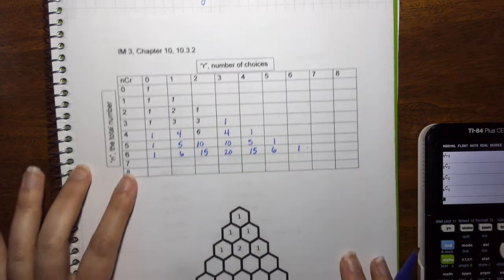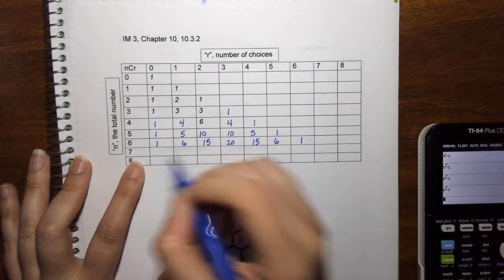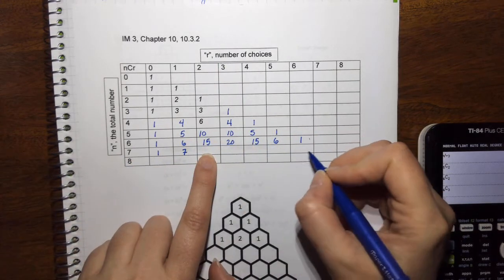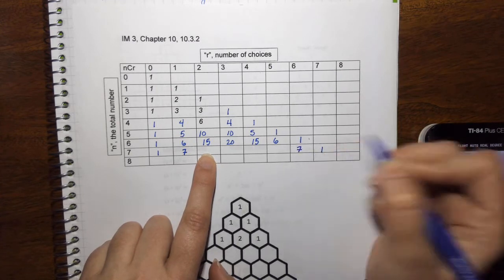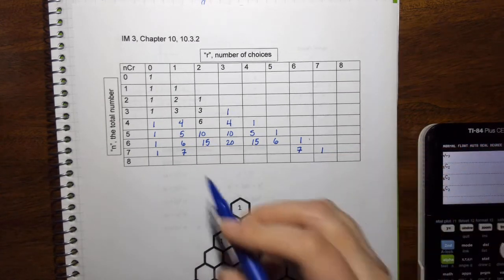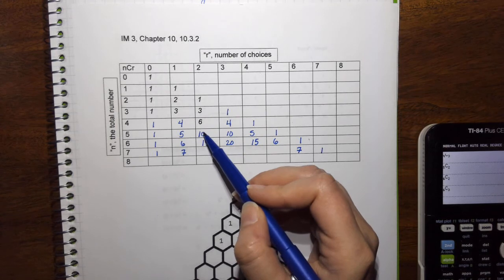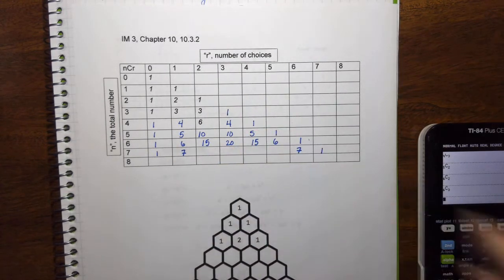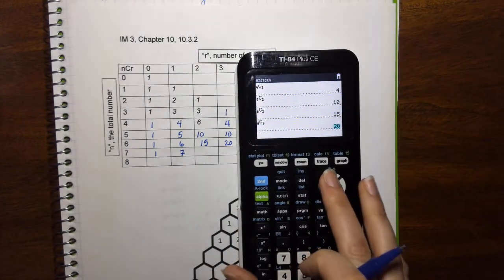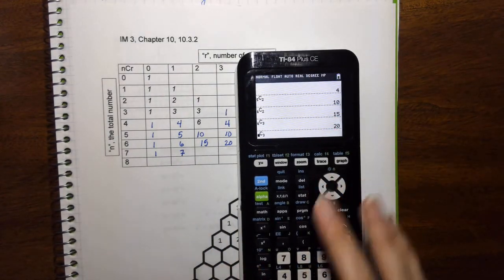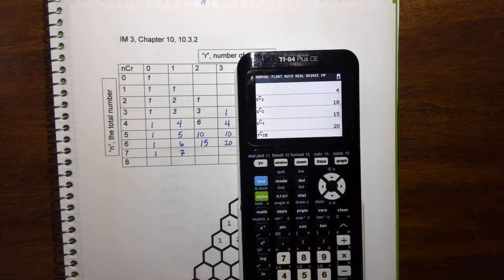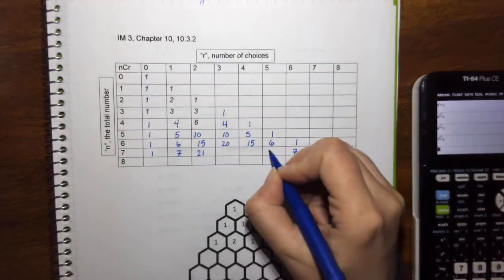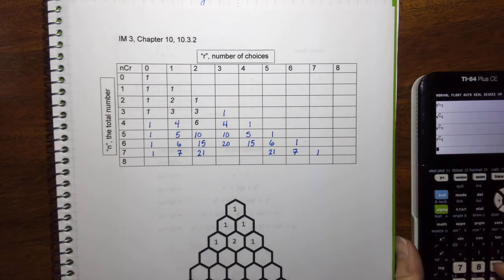Okay, row 7. 1, 7, 1, 7. Okay, +2, +3, +4, +5, +6. We better check it. I'm writing in pen. Yep.